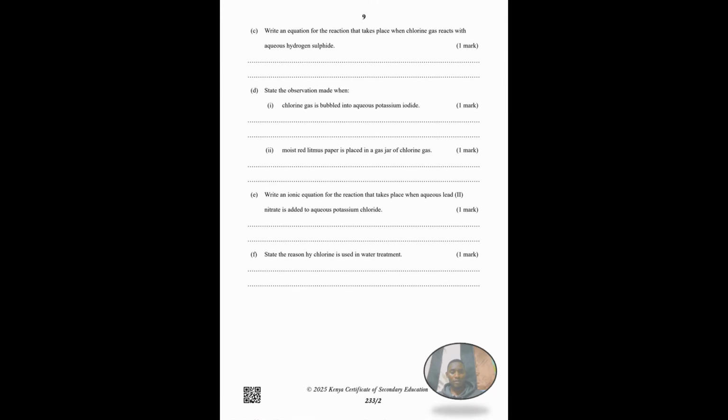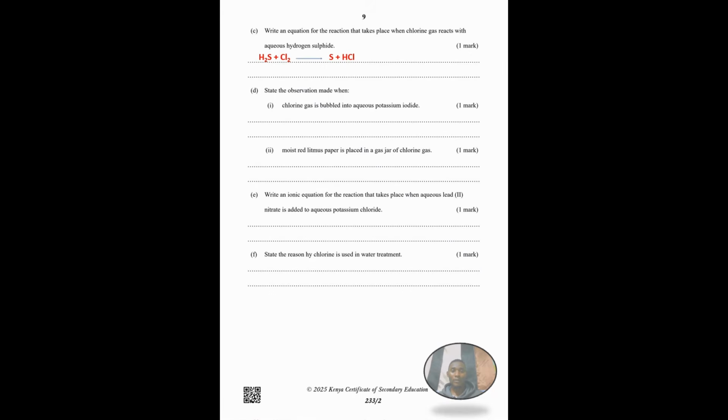So what happens? The hydrogen sulfide is oxidized to sulfur, which is a yellow solid, and the chlorine is reduced to a colorless gas, hydrogen chloride gas. So in this case, our formula is hydrogen sulfide, again indicate the state symbols, plus chlorine.